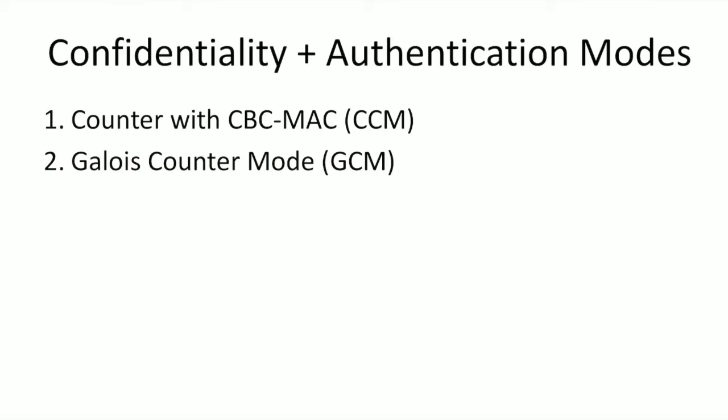Now there are several modes of operation that offer confidentiality as well as authentication of messages using block ciphers. Let's look at two of these combined modes that offer both, namely counter with CBC-MAC, which is known as CCM, and Galois counter mode, which is known as GCM.